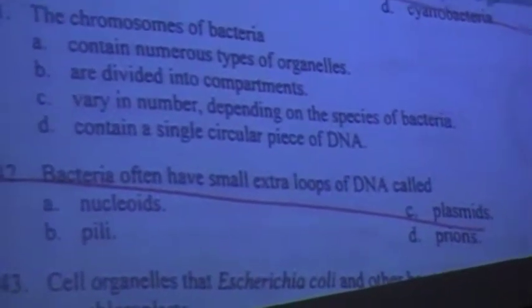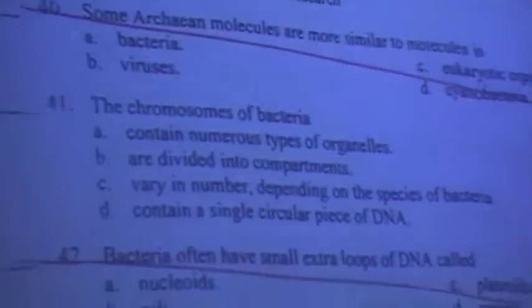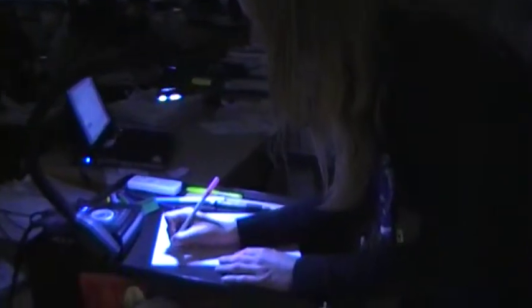Okay, let's look at number 41 first. It says the chromosomes of bacteria. If you are familiar with the structure of a bacterium, it has a cell membrane and it has a cell wall.